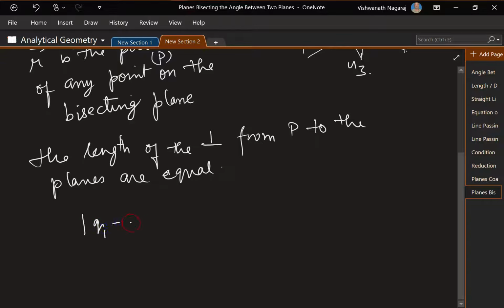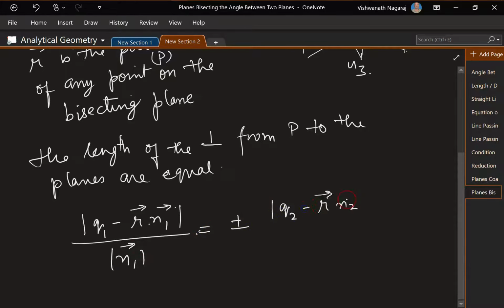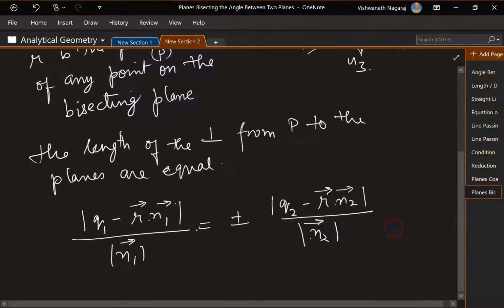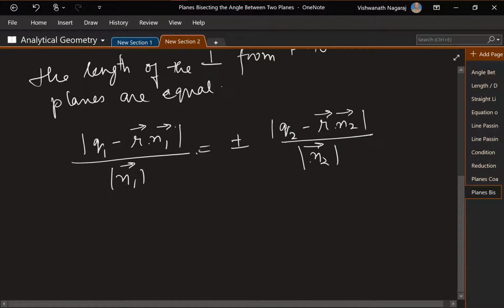So q1 minus r.n1 by magnitude of n1 is equal to plus or minus q2 minus r.n2 by magnitude of n2. We have already seen this.